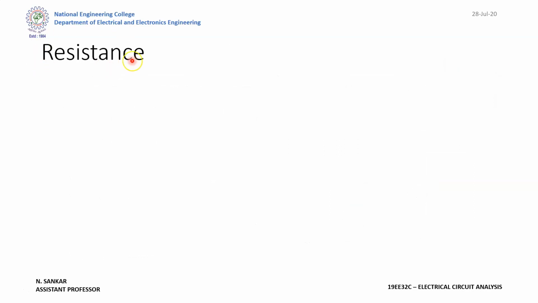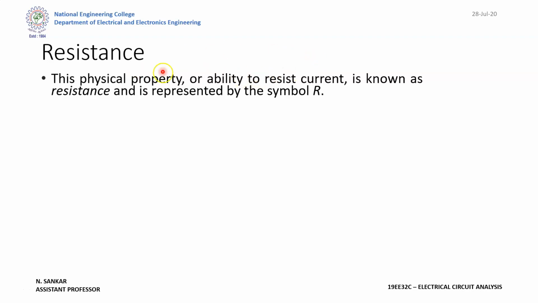The next one is resistance. Resistance is the best example of a passive element because it is consuming energy. Resistance is nothing but the ability to resist current. We use some material to slow down the flow of electrons.